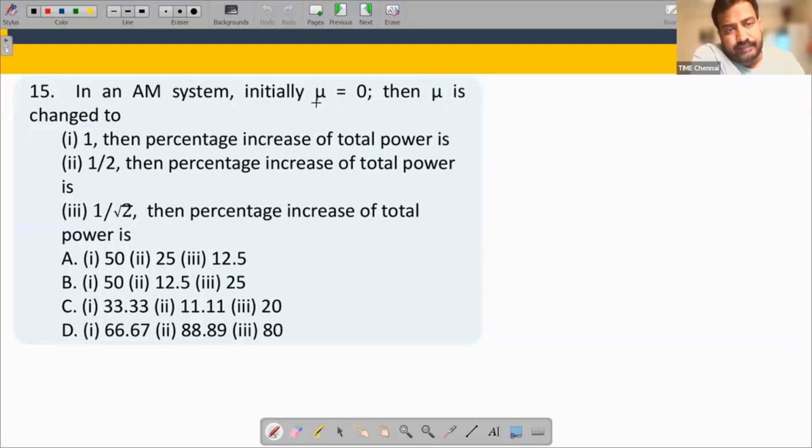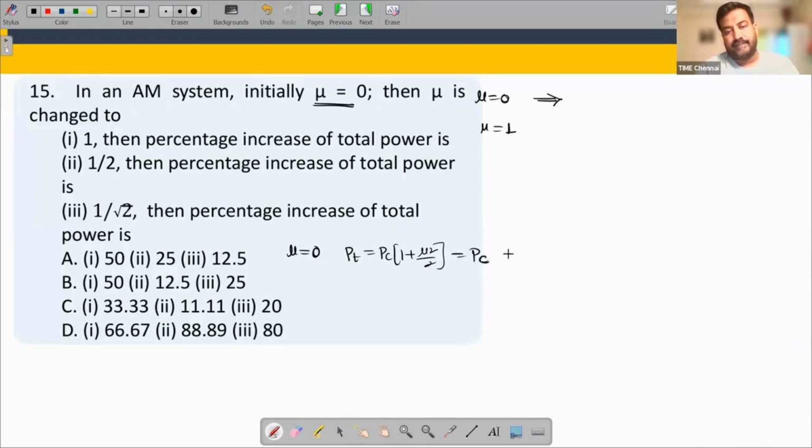In an AM system, initially mu is at 0, then mu is changed to 1. Then the percentage increase in total power is, so when mu is 0, PT is equal to PC into 1 plus mu square by 2. When mu is 0, PT is equal to PC.